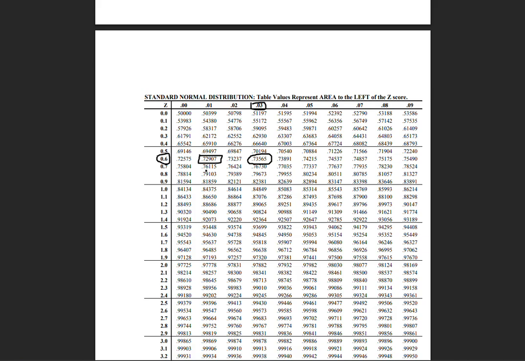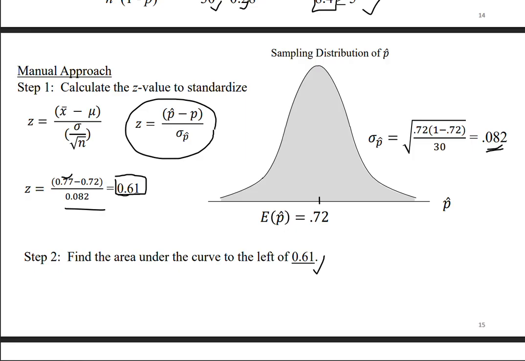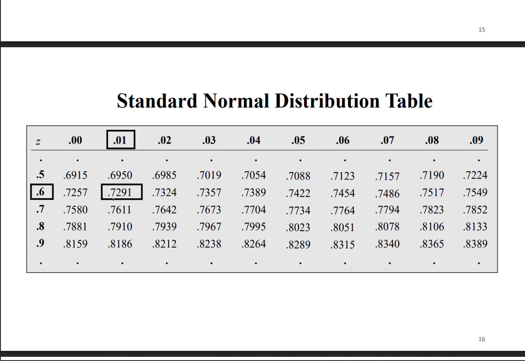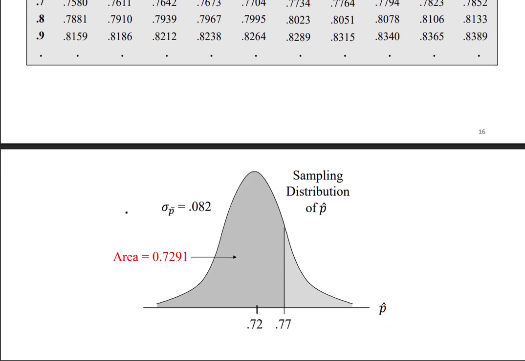And so the lower tail probability, or the probability of those below 0.61, is 0.72907. So when we come back here to our calculation, we find the area under the curve to the left of 0.61, which is 0.7291. Remember, we take the first digit after the point on this side, we take the second digit after the point on that side, and where these two meet, the intersection becomes our probability.